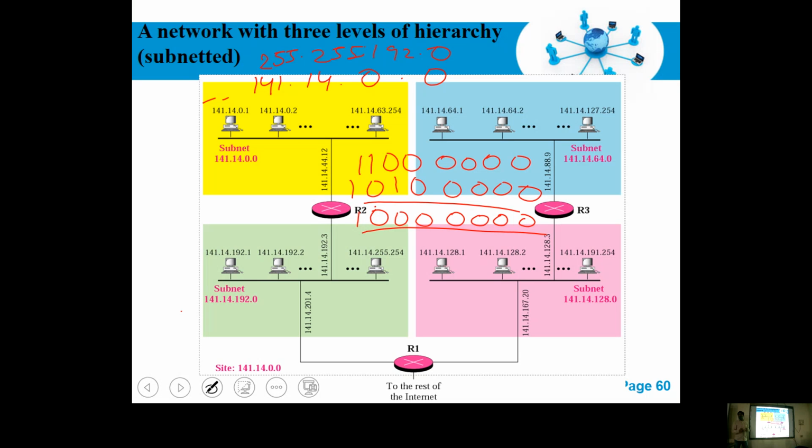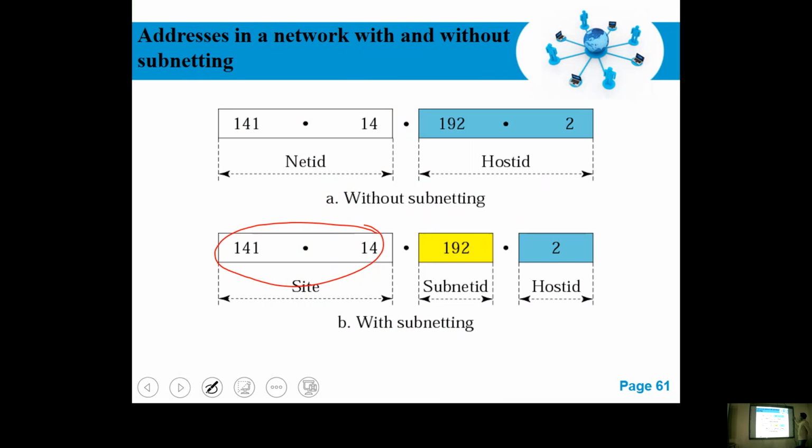So like that we can find the starting address if you are given a particular subnetwork address and how many subnets are made. These are very, very important. So this is clear, right? With and without subnet, how your starting address is going to change.